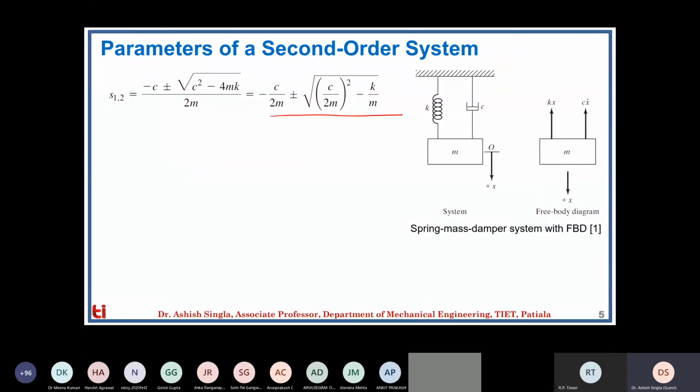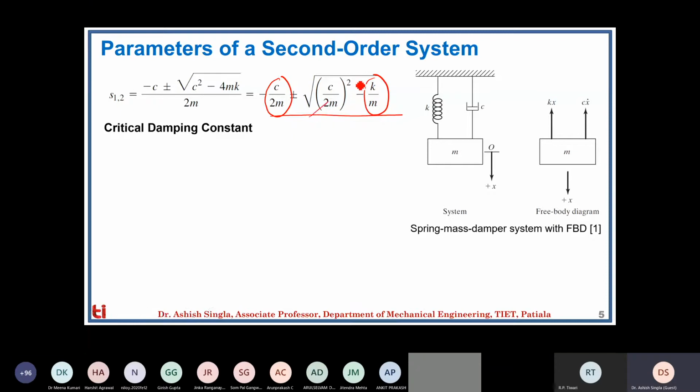Now we can try to write this general solution, or the roots of this characteristic polynomial, in terms of the original parameters zeta and omega n. So let's try to calculate these two expressions, c by 2m and k by m. First let's calculate the critical damping constant. The critical damping constant is the one which will make this radical go to 0.